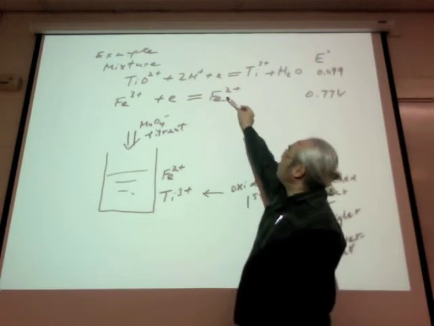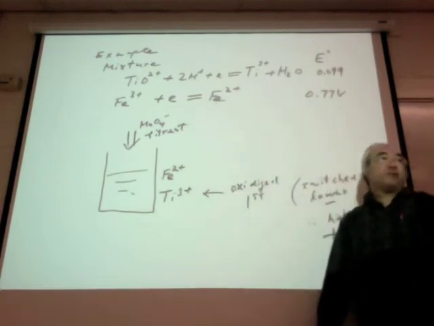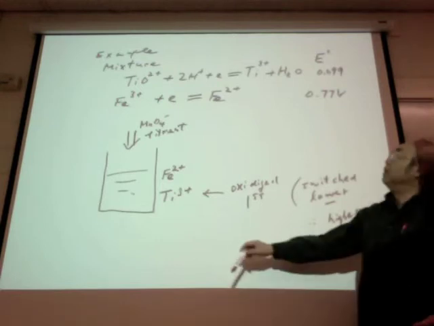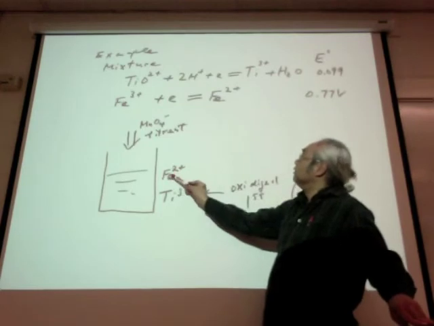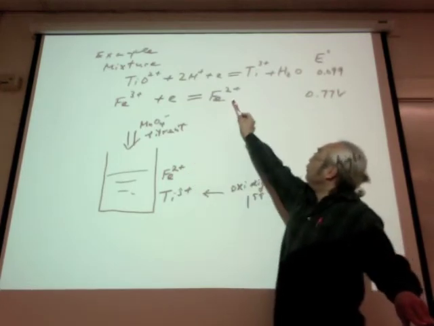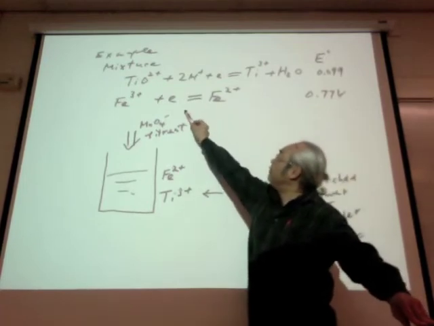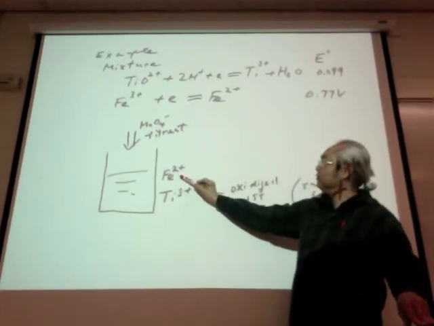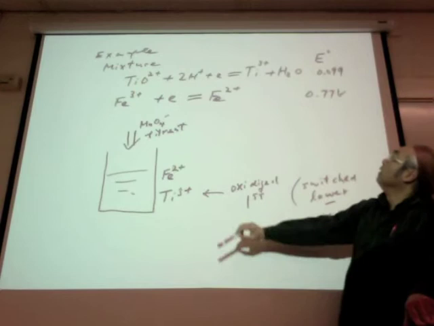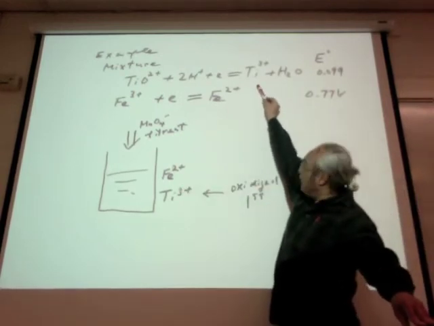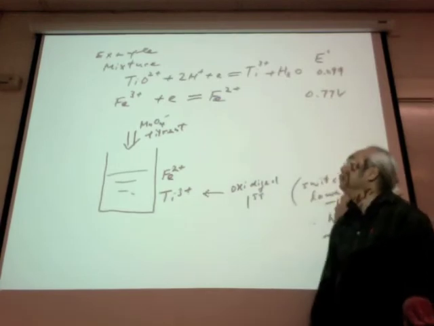So the two half reactions only give you information on what you may analyze for, okay? So here, you're going to determine the reduced form. So for the Fe2+, you're going to employ this half reaction. The analyte is going to be this. Then for titanium, the analyte is going to be that in the reduced form.